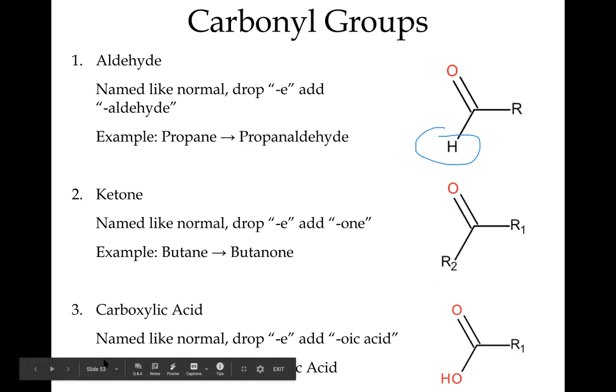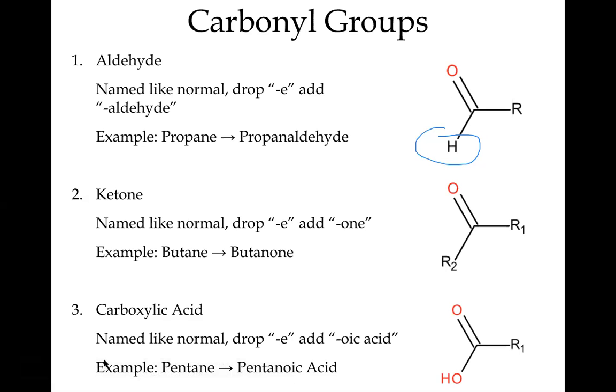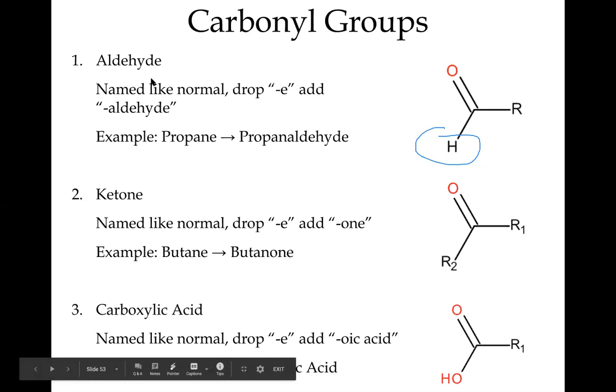And so to name that, we would get rid of the E and it would be oic acid. So carboxylic acid becomes oic acid. So pentane would be pentanoic acid. Okay. A benzene ring, which we'll probably get into later, would be benzoic acid, as an example.